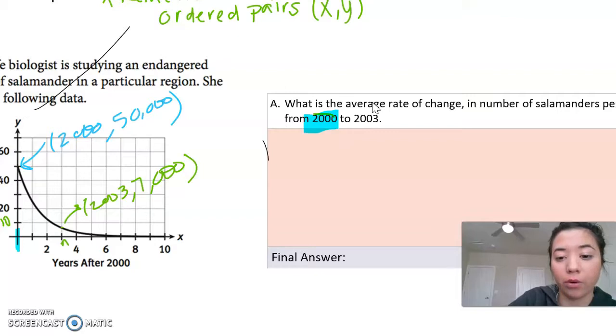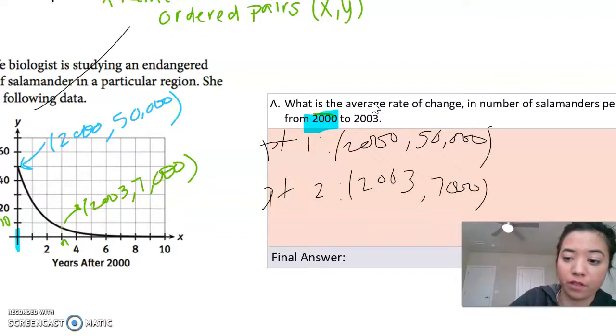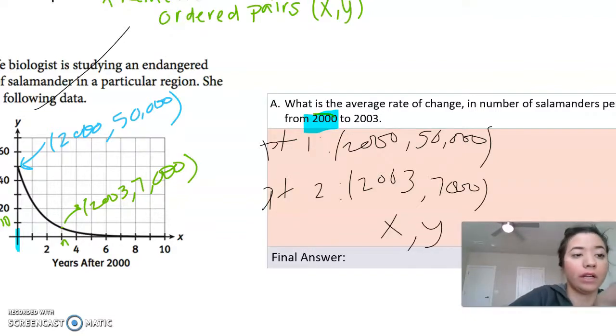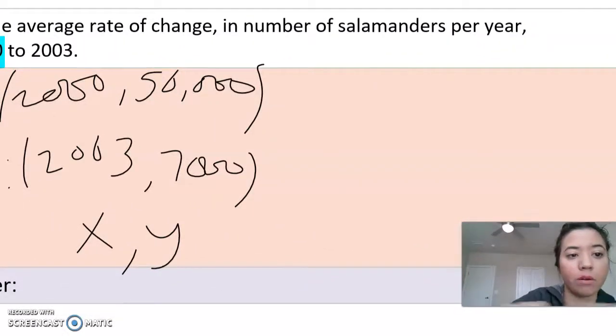Okay, and now we have our 2 points, and now we can calculate it. Point 1 was 2000 and then 50,000. Point 2 is 2003 and then 7,000. And again, these are x comma y. So now let's go ahead and calculate. I'm going to zoom in a little bit here just to help me out.